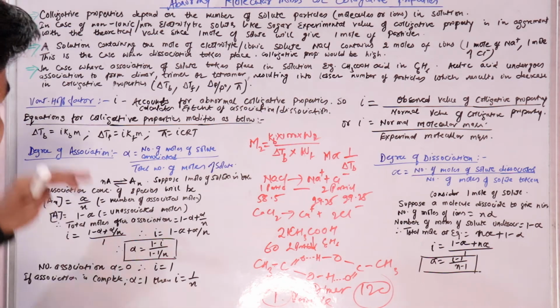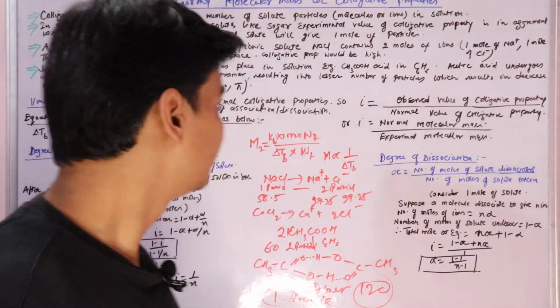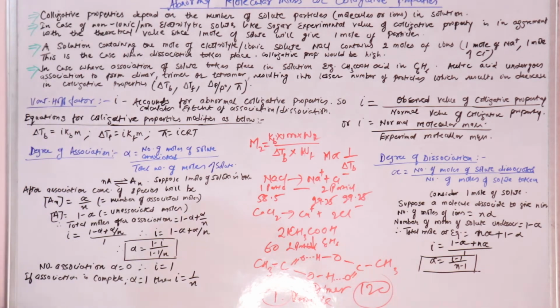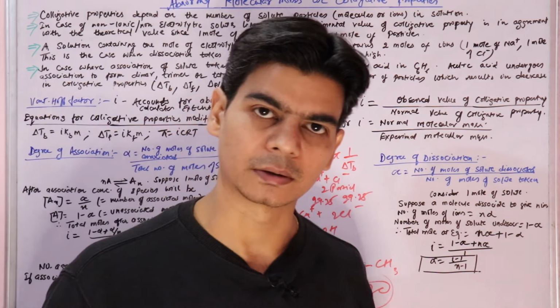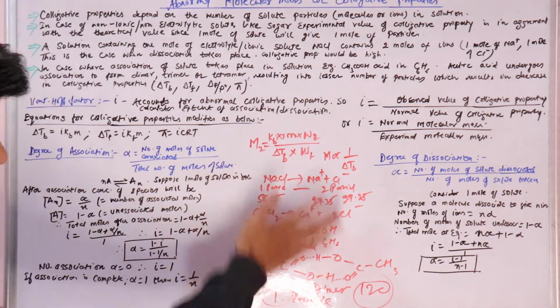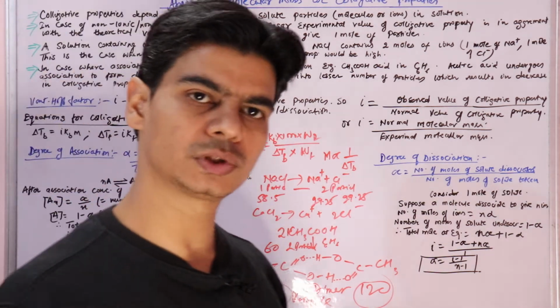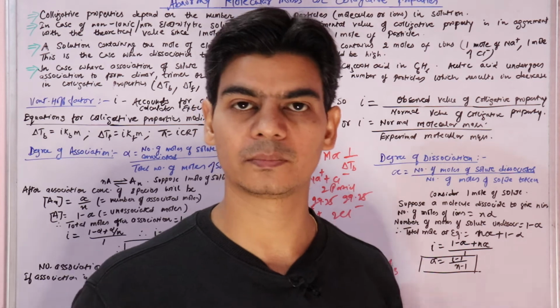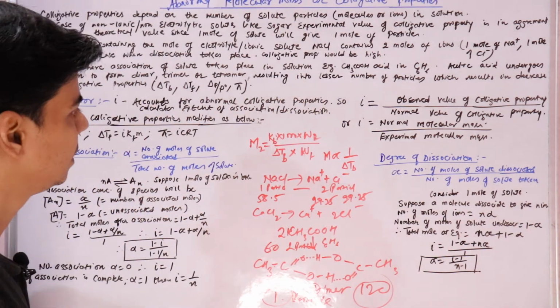Now there's another thing that we will go through, which is Van't Hoff factor, right? Van't Hoff introduced a factor called Van't Hoff factor to account for these kind of abnormal colligative properties, wherein due to association or dissociation, the colligative property is changing due to change in the number of particles, right?